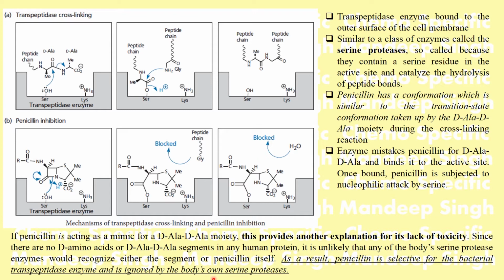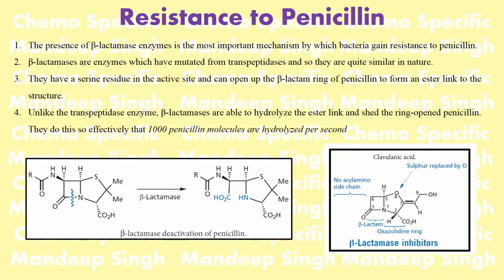In our body also we have a lot of serine protease enzymes, but penicillin is only selective towards D-alanine and D-alanine, and in our body we do not have D-alanine, as a result of which it is not toxic towards mammals, and it selectively attacks the D-alanine linkage of the enzyme. So that is the reason why penicillin attacks, and that is how it basically acts as an inhibitor.